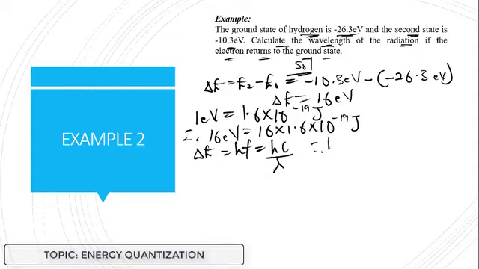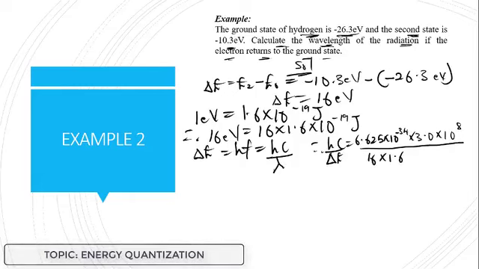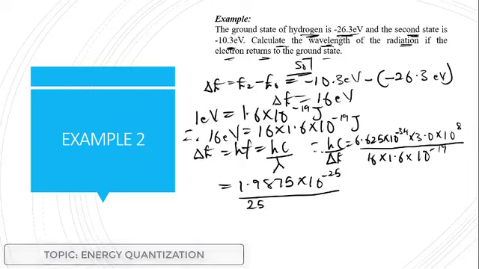So we have hc over change in E, which is 6.625 times 10 raised to the power minus 34 times 3.0 times 10 raised to the power 8, all divided by 16 times 1.6 times 10 raised to the power minus 19, which equals 1.9875 times 10 raised to the power minus 25, all divided by 25.6 times 10 raised to the power minus 19.